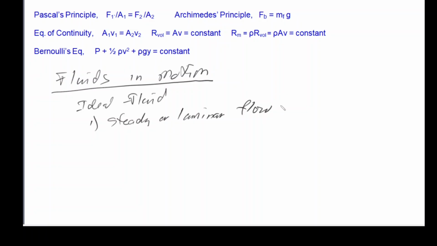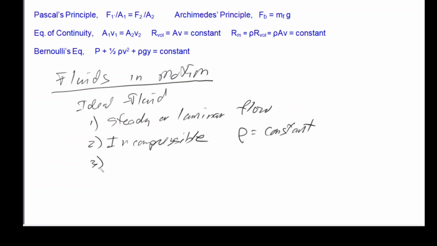That means the velocity of the flow is constant. The second assumption is that it's incompressible, which means that its density is constant.